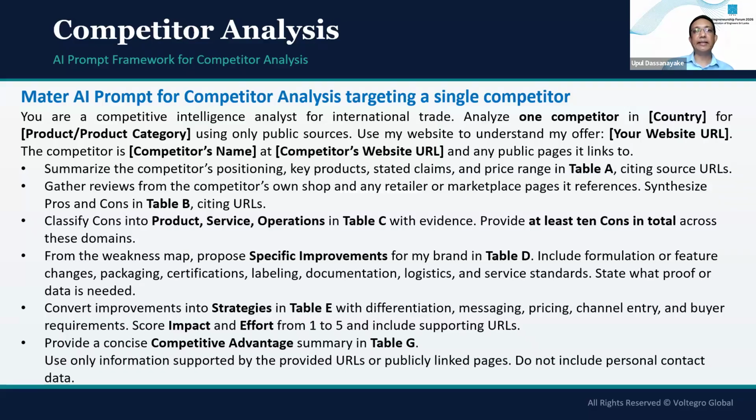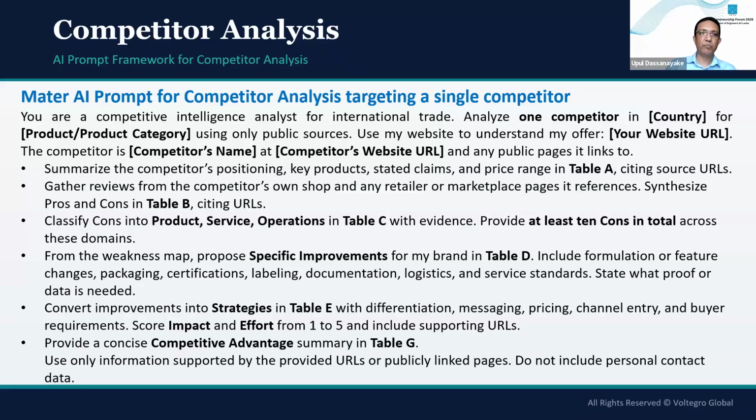And then the competitor is, give a competitor's name, let's say Lipton, and if the competitor has a website, give the website and the public pages it links to, and summarize the competitor's positioning, key products, stated claims, and the price range in table A. Make it in the table. And the pros and cons, meaning advantages and disadvantages, or otherwise their strengths and weaknesses.